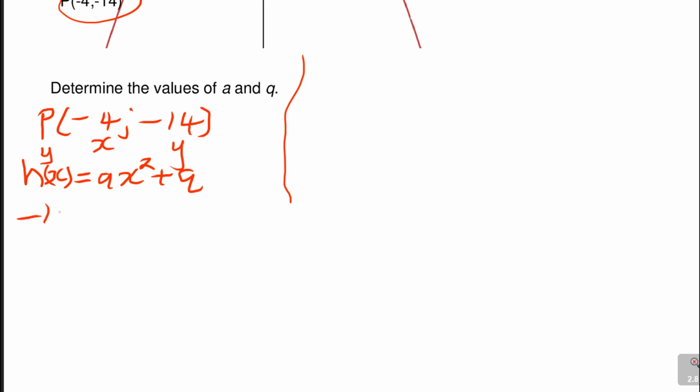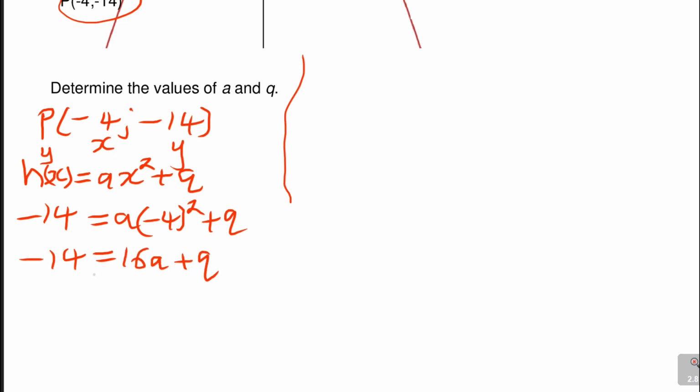So it's minus 14 is equal to a, then x is minus 4 squared plus q. See that? So minus 14 is equal to negative 4 squared, it's 16a plus q. If I write it going this direction, I will have 16a plus q is equal to negative 14. This becomes my equation 2.